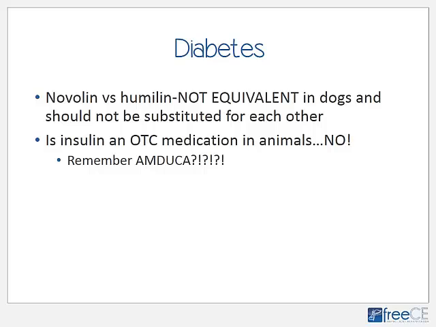One issue that has come up among veterinarians is that although Novolin and Humulin are NPH insulins, they are not equivalent in the dog and should not be substituted for each other. Also, as we discussed before, although insulins are considered over-the-counter products in human medicine, since they are being used in an extra-label manner in animals, they do require a prescription and a label in accordance with AMDUCA.